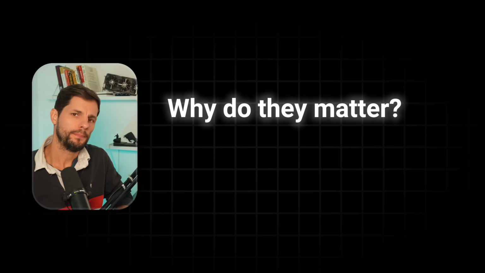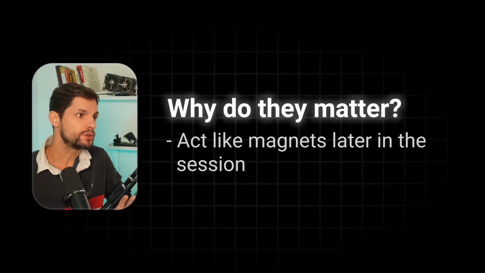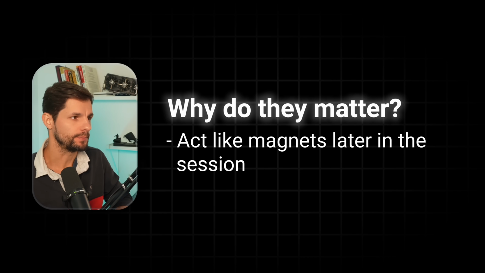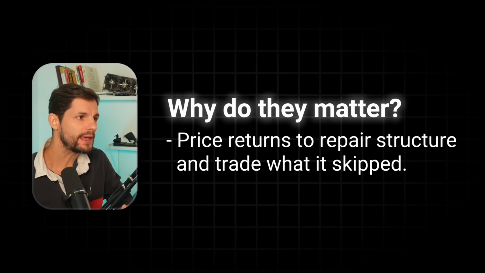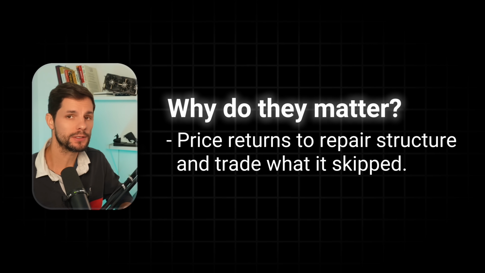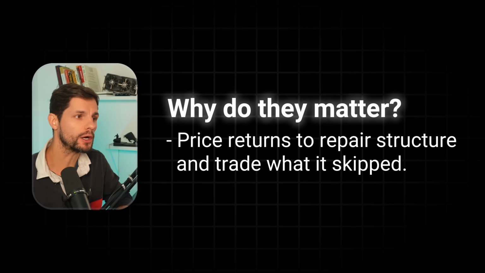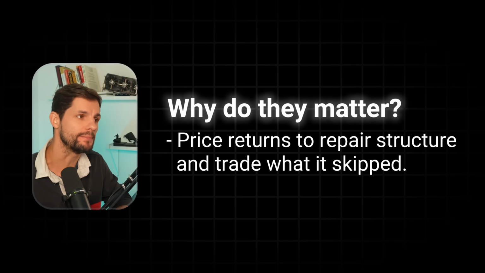Why do they matter? Well, single print zones act as magnets later in the session. When volatility fades, price typically returns to repair the structure and trade what it skipped.